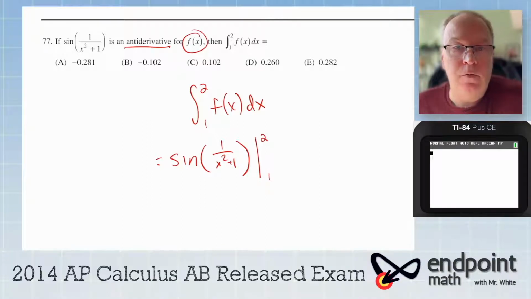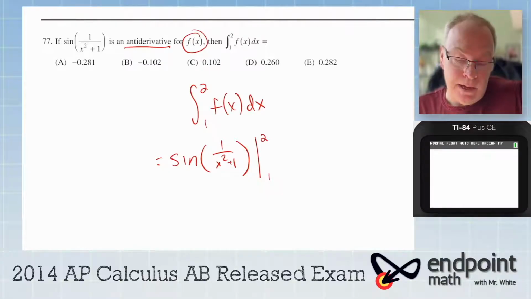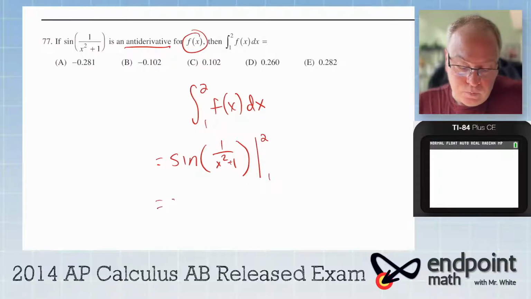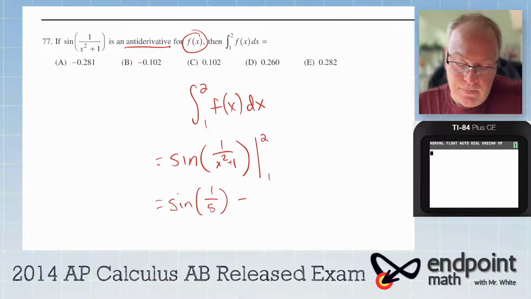Now this is a good moment for me to say, and I'm sure it is, your calculator needs to be in radians mode for all of this. For the entire AP Calculus test, it should be in radians mode. All right, now we plug in our upper bound. That would be 1/5, right? 2 squared is 4, 4 plus 1 is 5, minus the sine of 1/2.